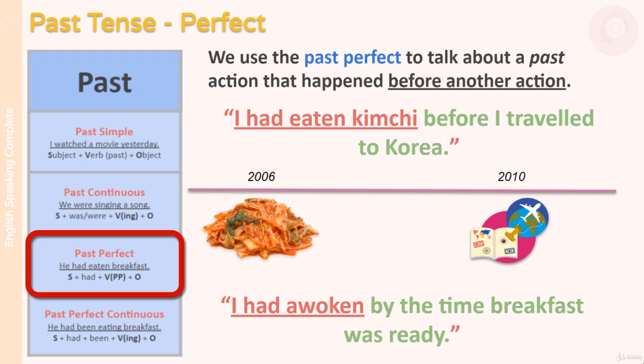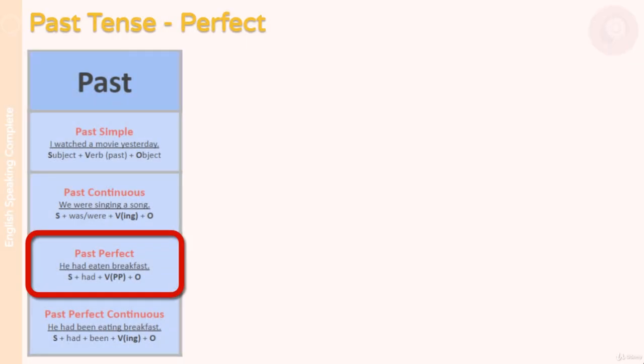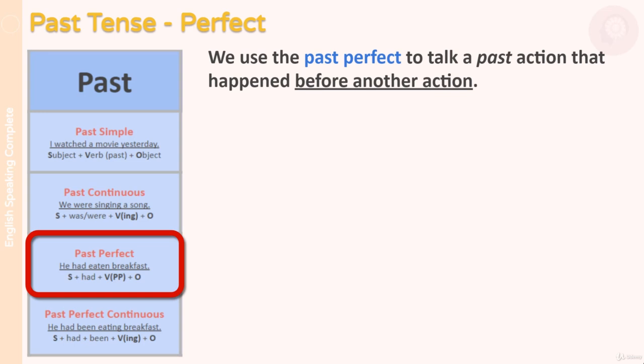Okay, so let's look at structuring the past perfect tense. So we have subject plus had plus verb, past participle, of course, V3, verb form 3. We can generally follow this on with some extra information, but really the technical part is this: subject plus had plus past participle.